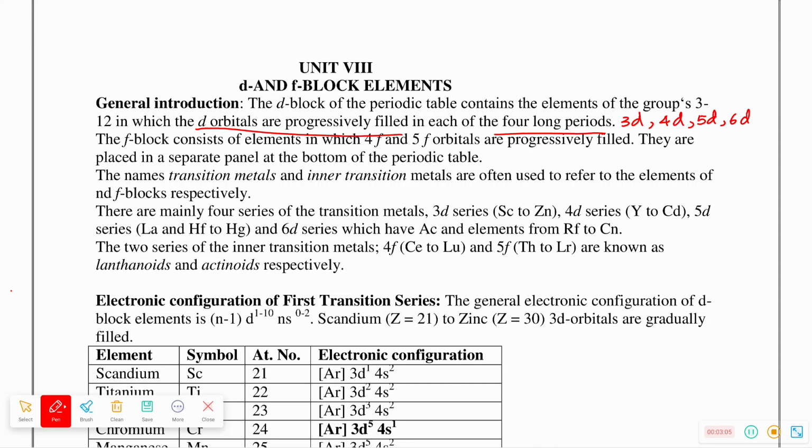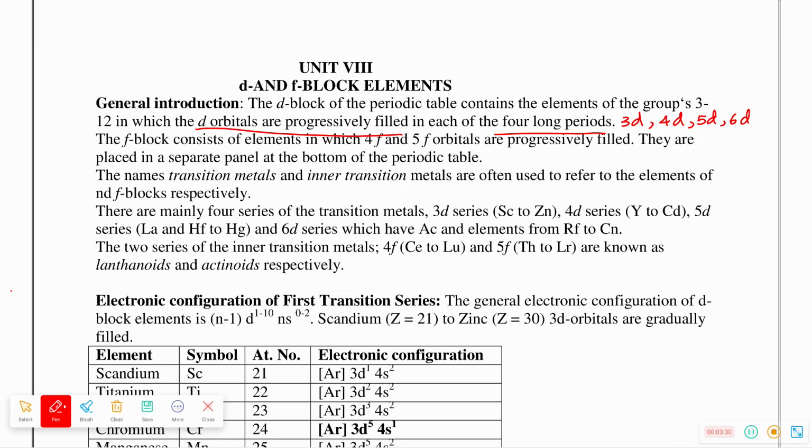And this chapter name is D and F block elements. Then what are F block elements? D block elements means D orbitals are progressively filled. So F block elements means F orbitals are progressively filled. Here there is no group, only 2 series are there, that is lanthanoids and actinoids.